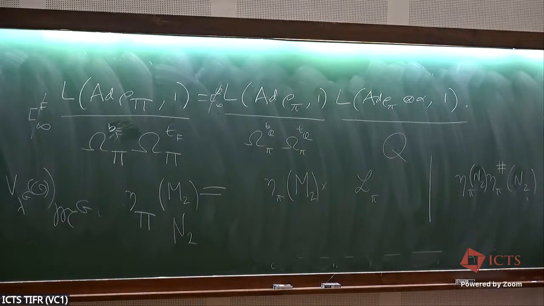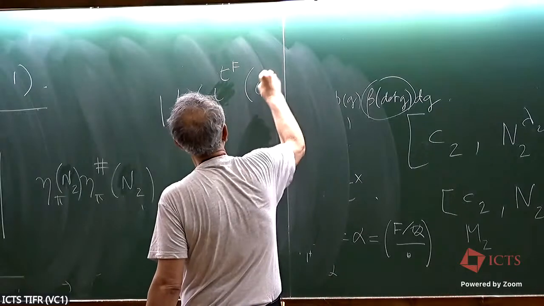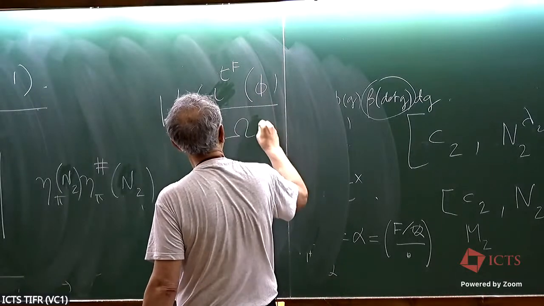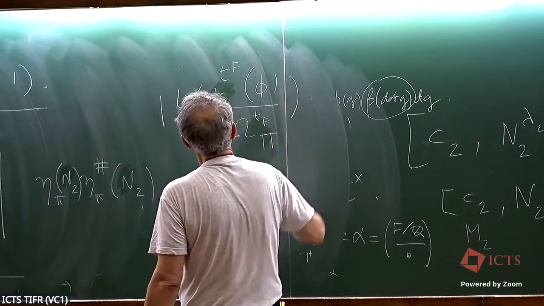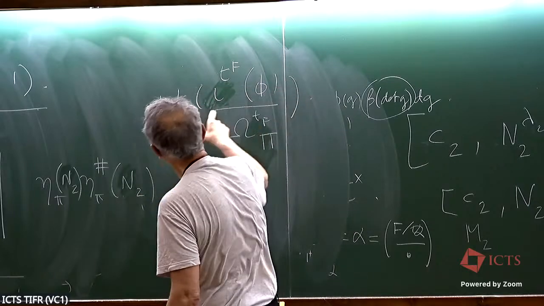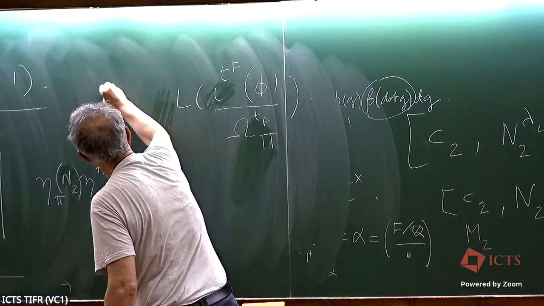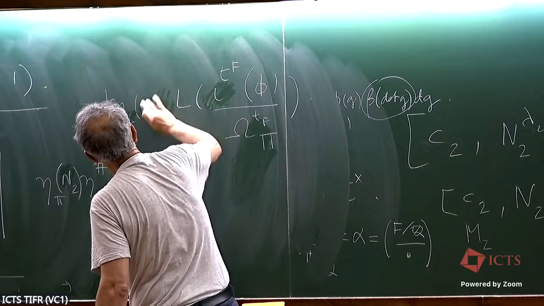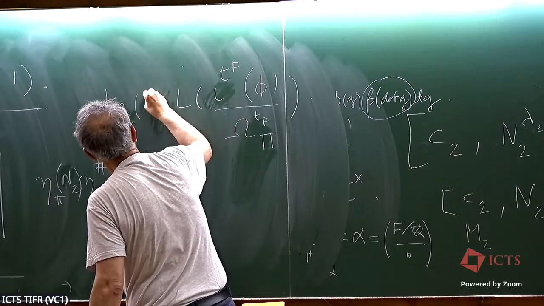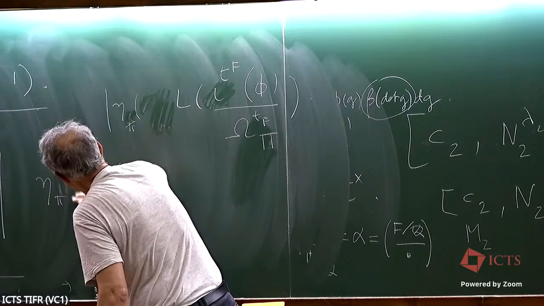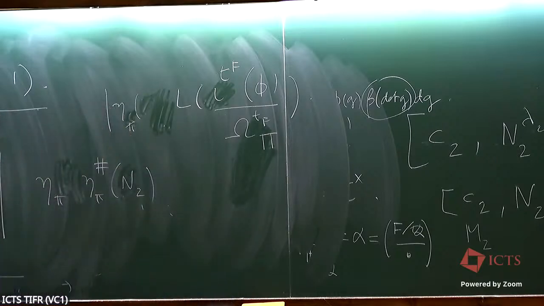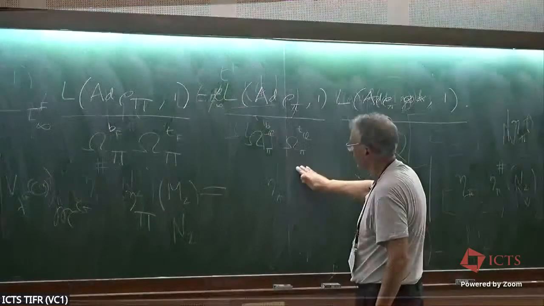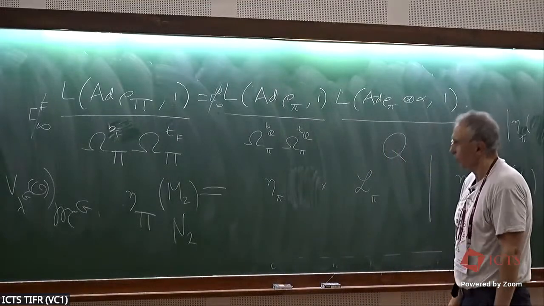Of course we choose C2 to be iota top F of phi divided by omega pi top F. So this product divides eta pi small pi M2 or N2. Here we really need that this is eta pi. I'm sorry. So we have to be careful.